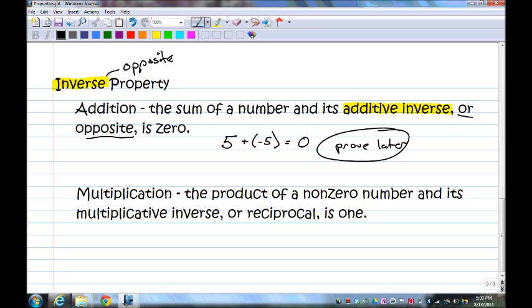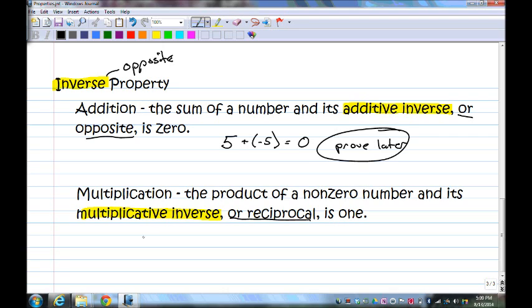The next one, or I should say the last one, is multiplication. The inverse property is the product of a non-zero number, in other words, it cannot be 0, and its multiplicative inverse. Here's another one that you're going to have to know: the multiplicative inverse, which is the reciprocal, and the product is always equal to 1.